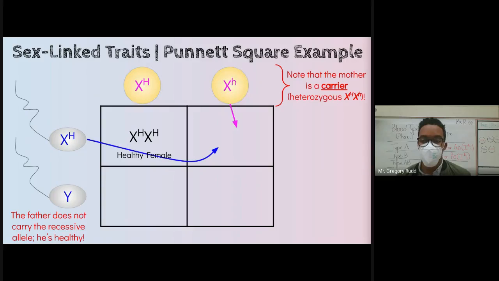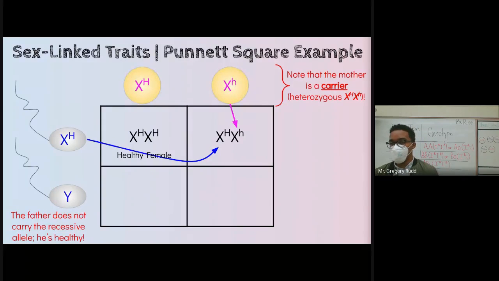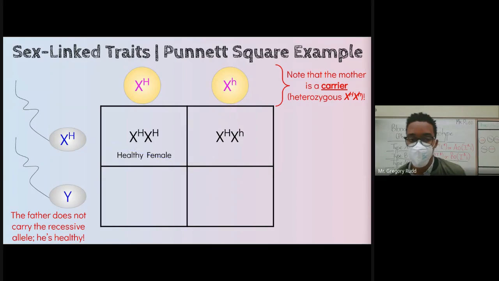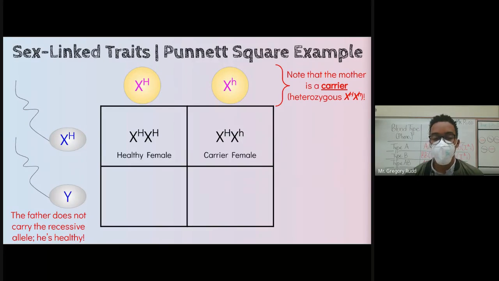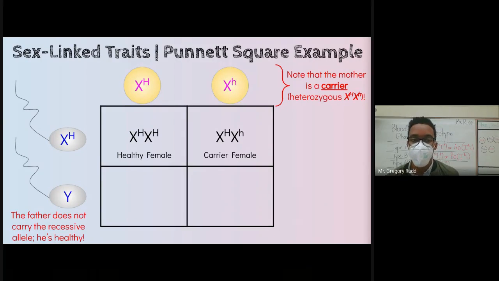X capital H, X lowercase h, and what is that person's phenotype? You're right about that. They're a carrier. Excellent. So she actually is healthy, Sally. This person will not have hemophilia, but we can still consider them to be a carrier. They can pass it on. So they have the same genotype as their mother.